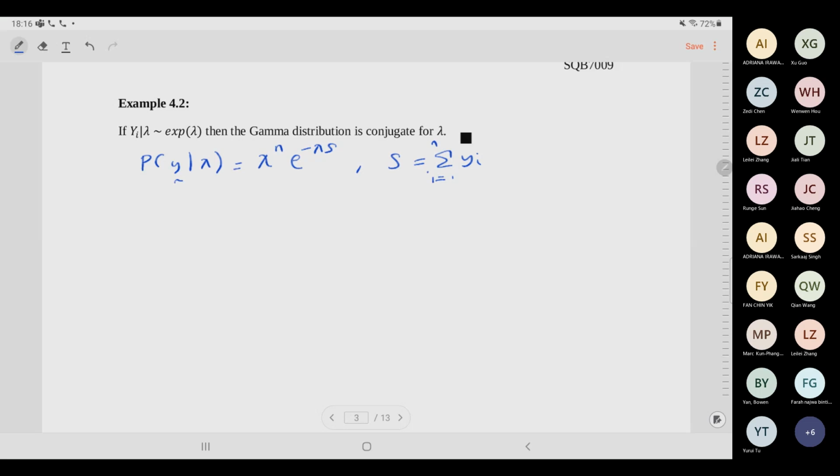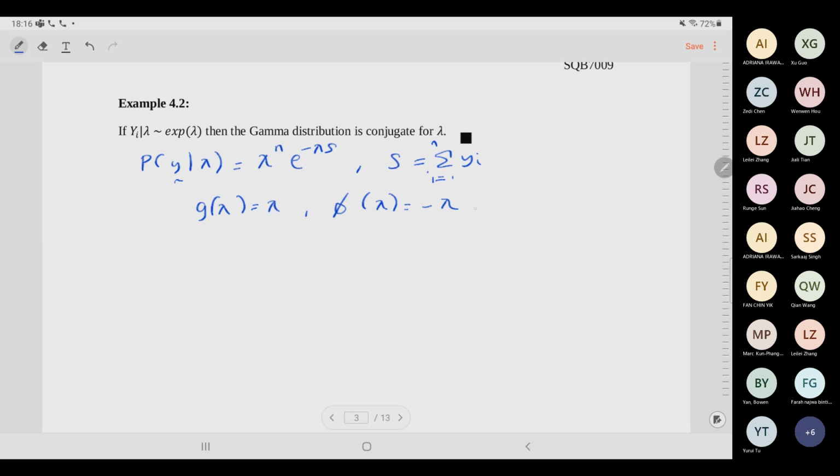So if we were to compare this with your exponential family, then we have your g, your function of your parameter, but now you have this lambda. So your g of lambda is lambda, and then the exponential phi of lambda, so you have phi of lambda is actually minus lambda.